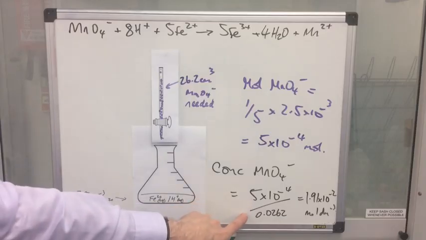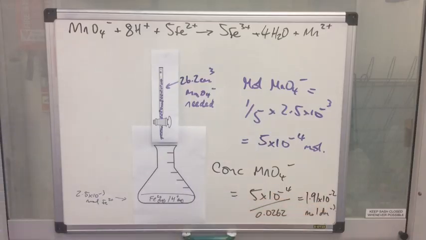And if you divide that by that, you'll get the concentration comes out at 1.91 times 10 to the -2 moles per decimeter cubed. So you can see, hopefully, by visualizing the question, you can make more sense of what's going on. And that will certainly help when they get more complicated than this one, which unfortunately they will.